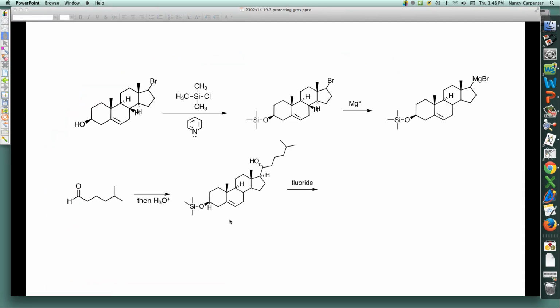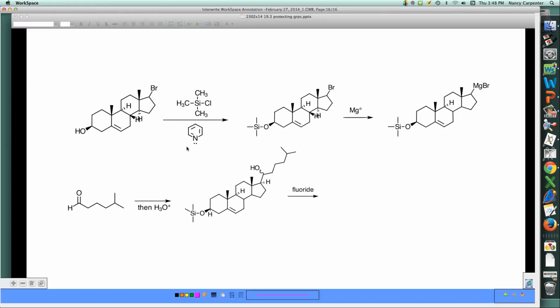I want to point out that this is a stereocenter, and so I've shown this as a squiggly line because right now I don't really have any control over the stereochemistry here. This would end up with a pair of epimers, because if the hydroxy is up or the hydroxy is down, those aren't enantiomers at all.